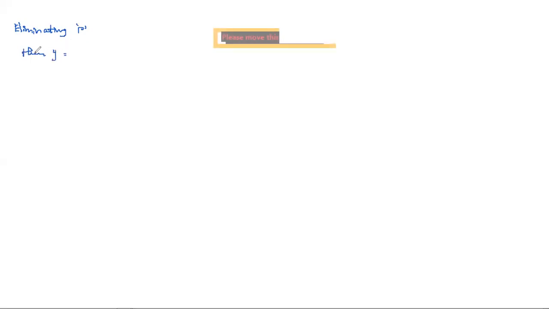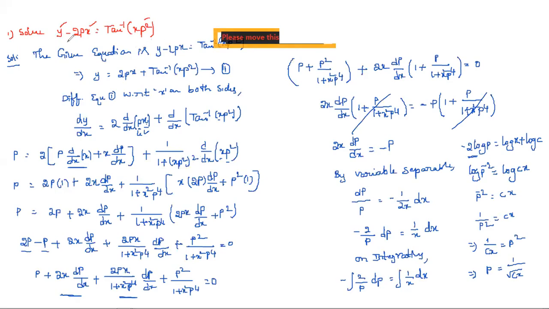Here, in this equation we can substitute. This is equation 1, and this we can choose as equation 2. And we are going to eliminate p from this equation. It means we need to substitute in place of p what we got.